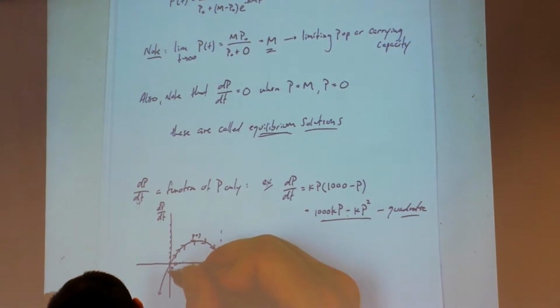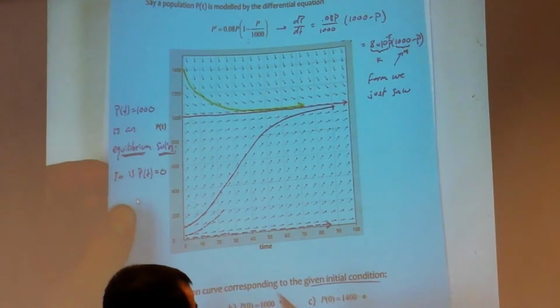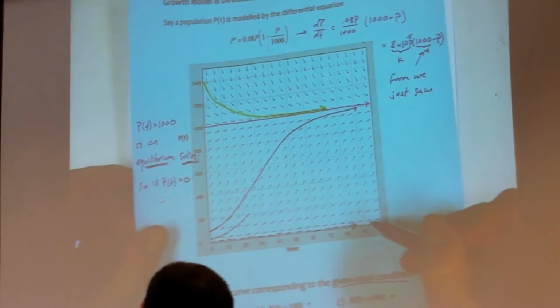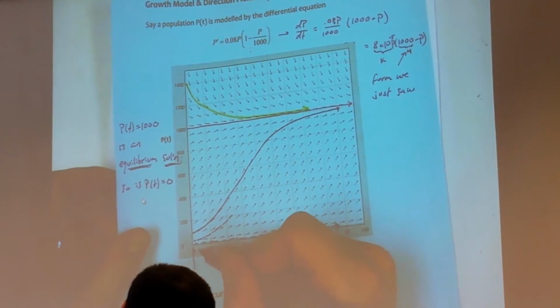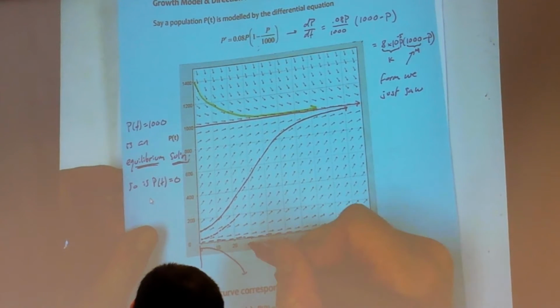And if dp dt is negative, that means the population is decreasing away from 0. So what's happening is, if we have a small population, it grows away from 0. Even if the population was somehow negative, it would go away. You'd see the slope field going downward.